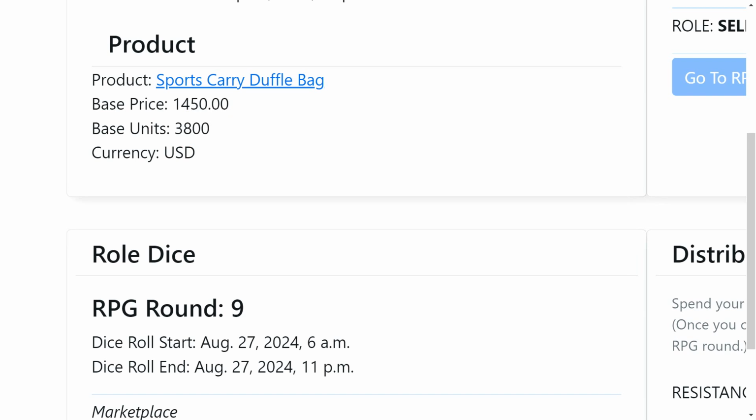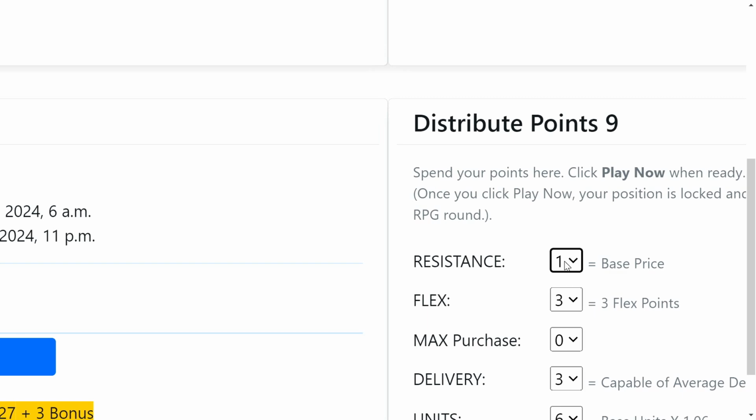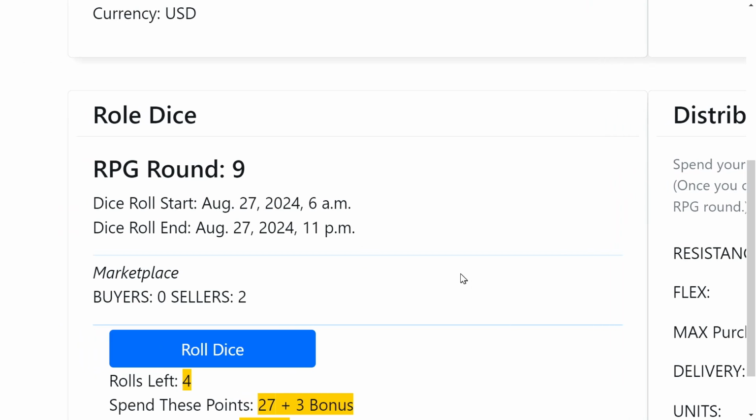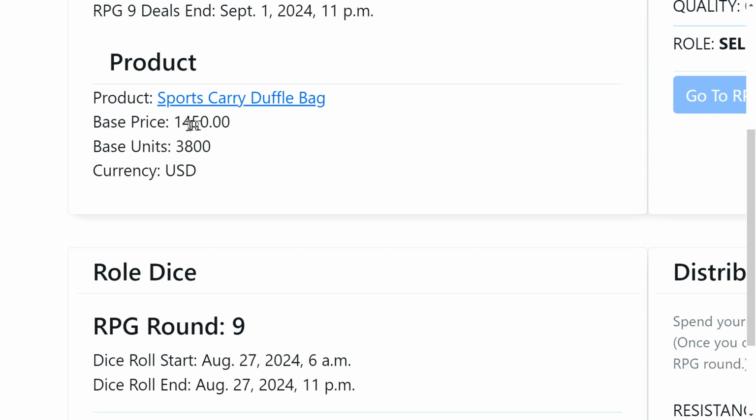And we can see that the currency is in USD, US dollars. So because it's US dollars, this is $1,450.00. If we choose 1 for our resistance, then the resistance price is going to be 1,450.